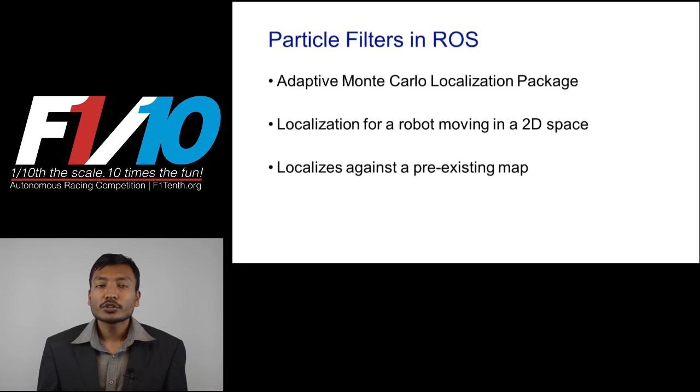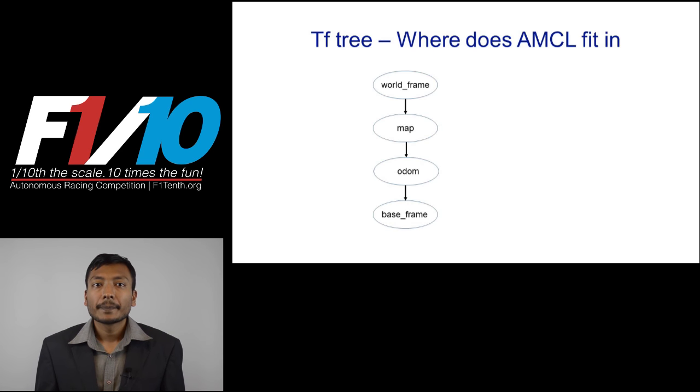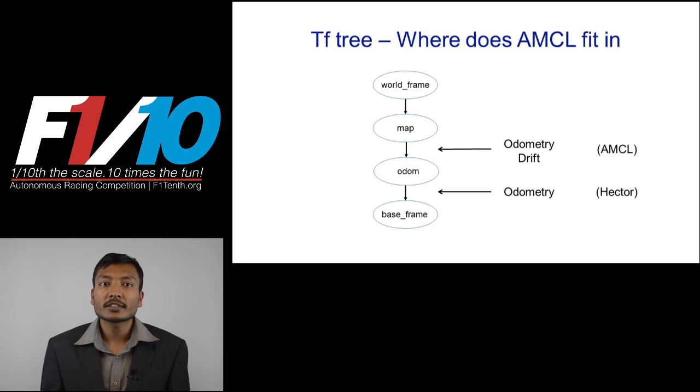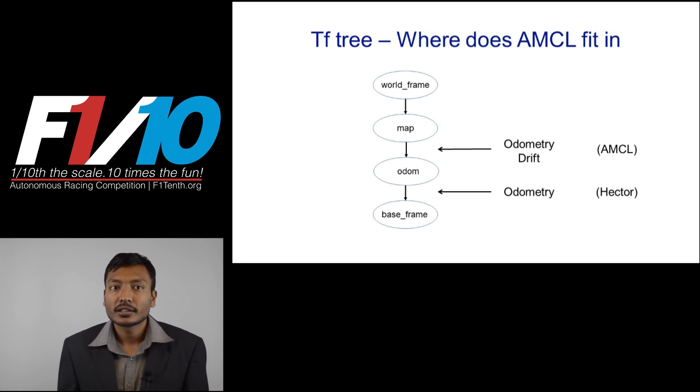This package can be used for localizing with laser scans against a pre-existing map in 2 dimensions only. In the last part of the previous lecture, you saw how Hector SLAM provides a transform that can be used as an odometry source to localize in a map. The AMCL package provides another transform to correct the drift in the Hector odometry to localize more accurately on the map.